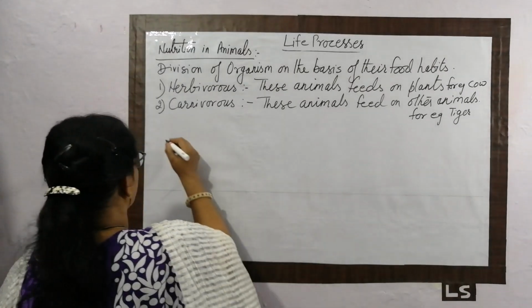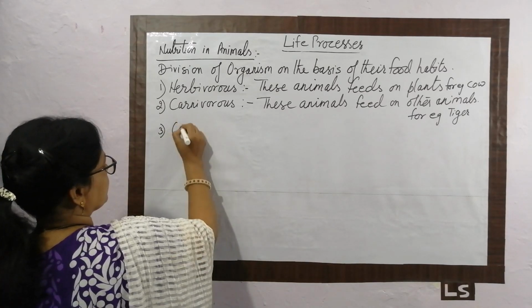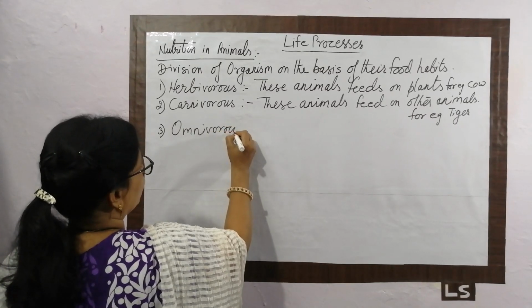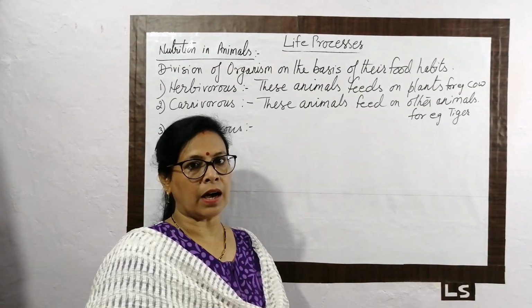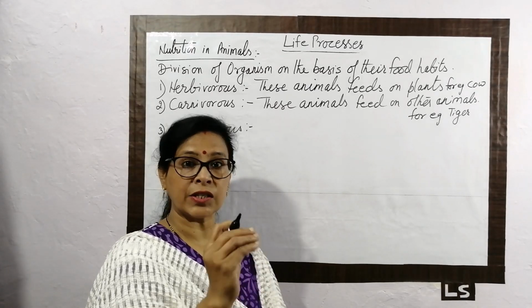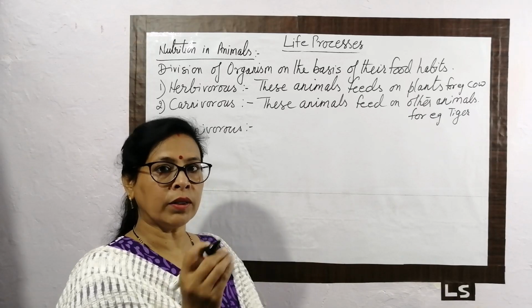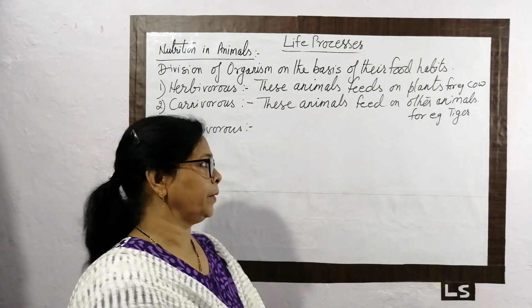Third type of animals are omnivorous. Omni is for both. These animals are plant eaters as well as flesh eaters. It means they are able to eat both substances according to their taste and availability.